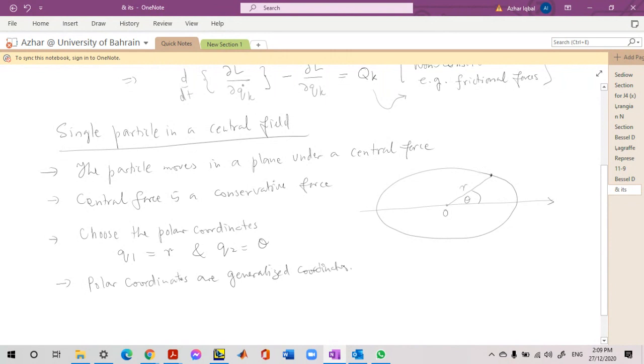Right, so if r is the radial vector of this particle, then we can write x as r cosine theta, y as r sine theta.